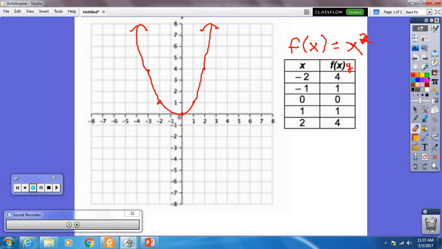Now, domain. What is domain? Domain is our x values, right? So we're going to start off with the domain. Now remember, this is our domain right here, our x-axis.